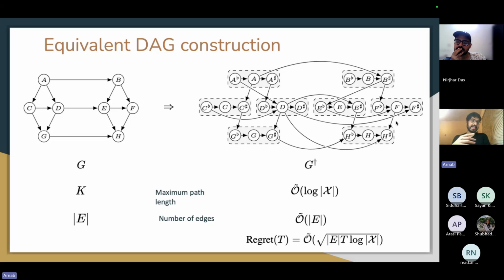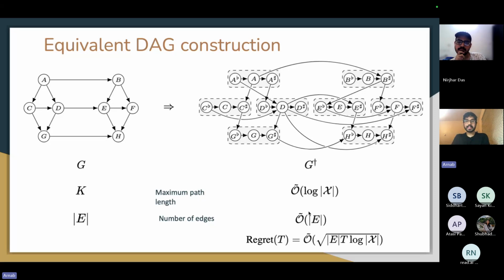So that was the goal, and our aim was to reduce the length of the longest path. If you have a maximum path length which can be arbitrarily large, K, then we do some conversions and ensure that the length of the longest path is just log cardinality, and the number of edges remains the same. This O tilde just hides some logarithmic factors in E, not log cardinality of X. Log cardinality is pretty huge, but in terms of log E, we are fine.